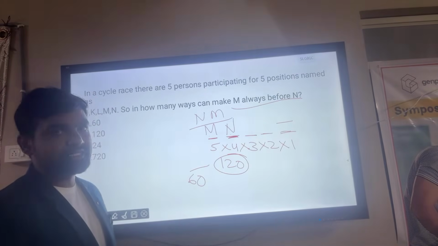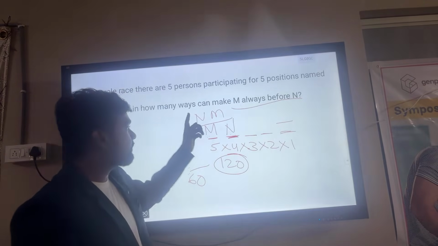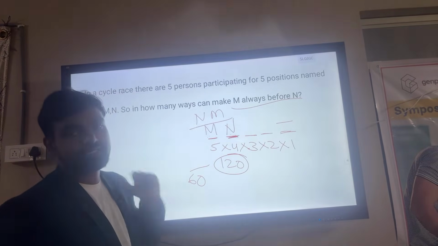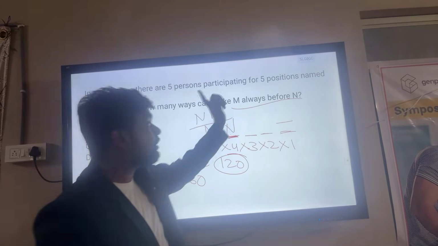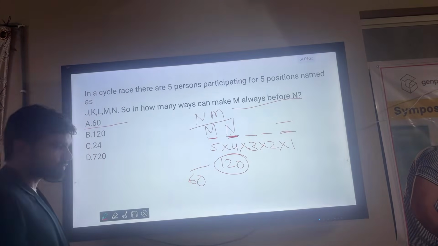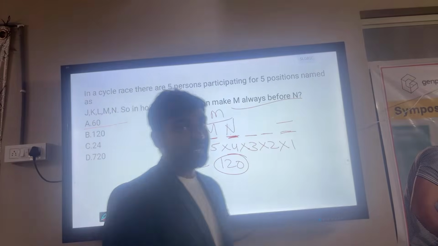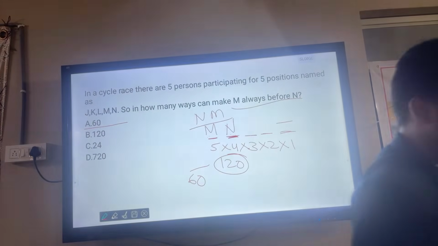Two types of possibilities are there. First M, next N, those are 60, and first N, next M, those are 60. They are asking in how many ways you can arrange M always before N. What is the answer? 60. Total ways 120, but the condition is M should be before N. 60.